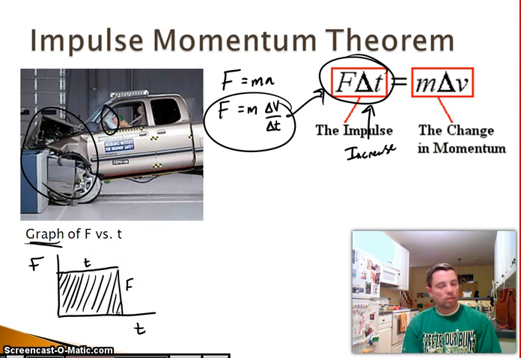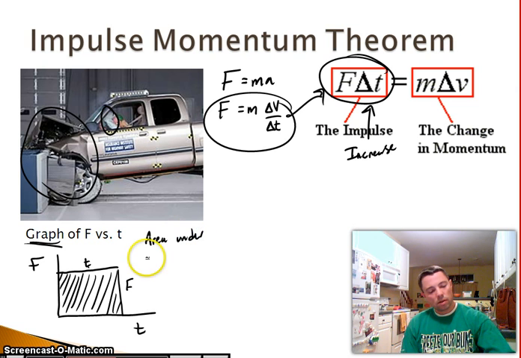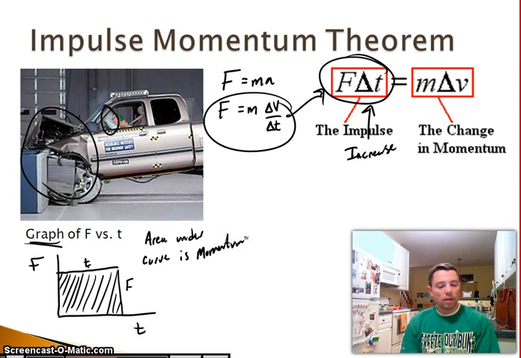So it kind of goes back to the way that we first talked about work. If we take force times time, that's an area. Okay? And so the area under that curve is the momentum when we look at a force versus time graph. Okay, so again, it's another way that we can kind of look at it.